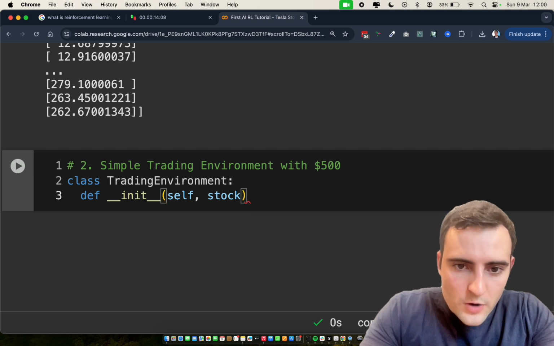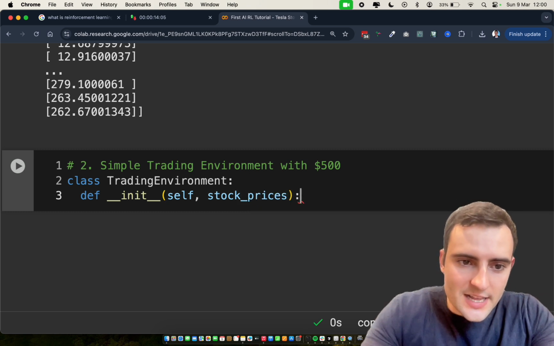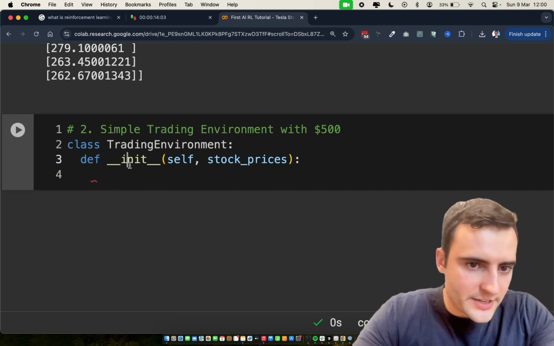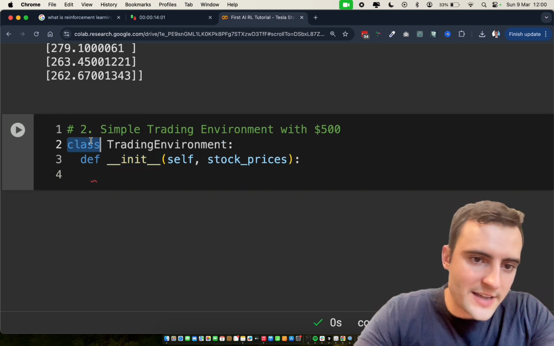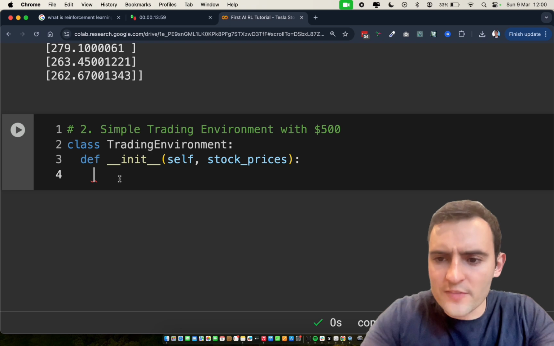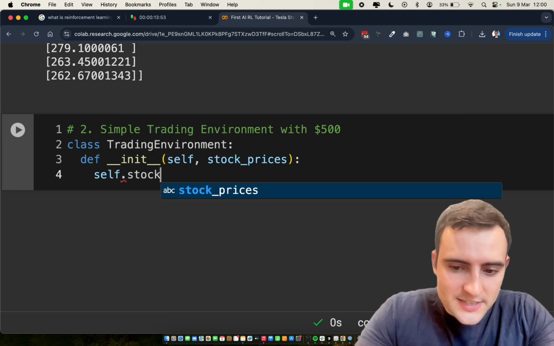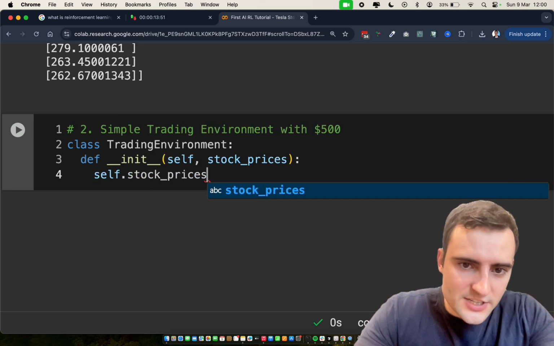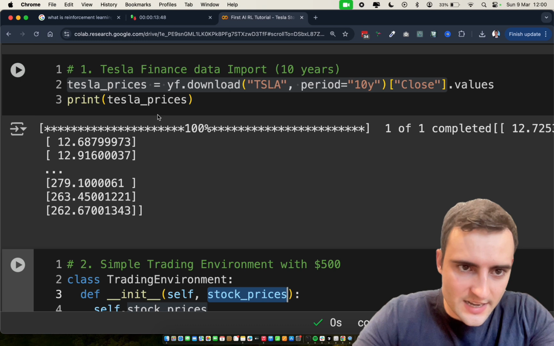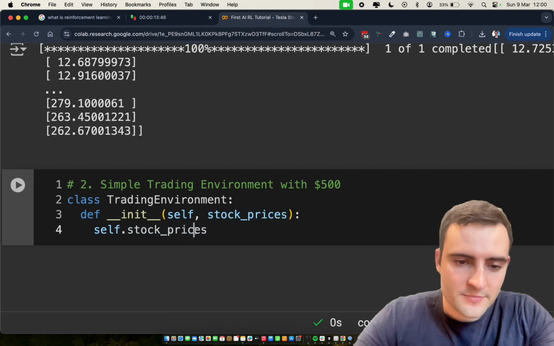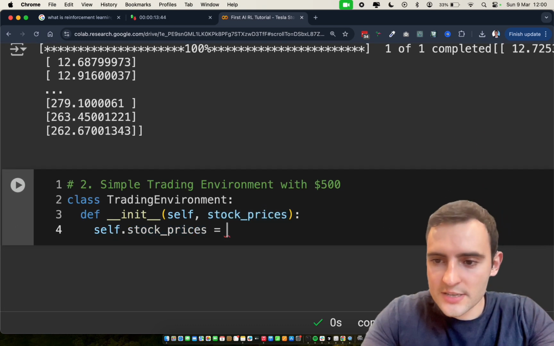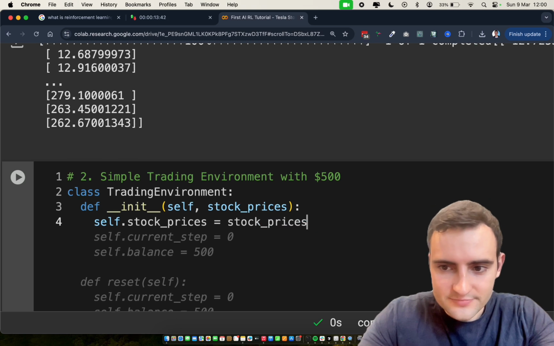So what we're doing here is initializing. This is called a constructor. It's basically when you define this environment, what are the default values that you want to exist? So the default values is self.stock_prices. So we want to feed it the stock prices like those of Tesla that we've put up there. And we're going to do equals stock_prices.